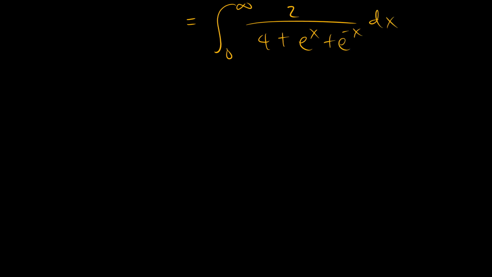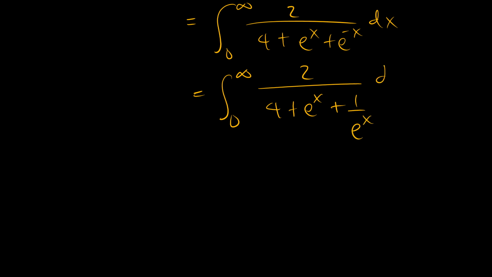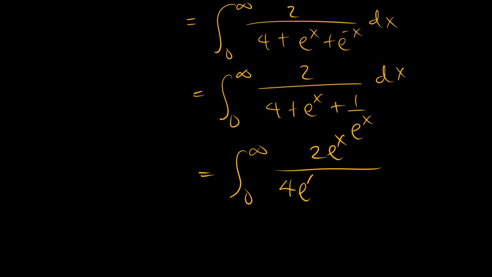I could also rewrite this as 4 plus e to the power x plus 1 over e to the power x dx, so that I could summarize it in such a way that this is 4 e to the power x over e to the power 2x plus 1, like that.